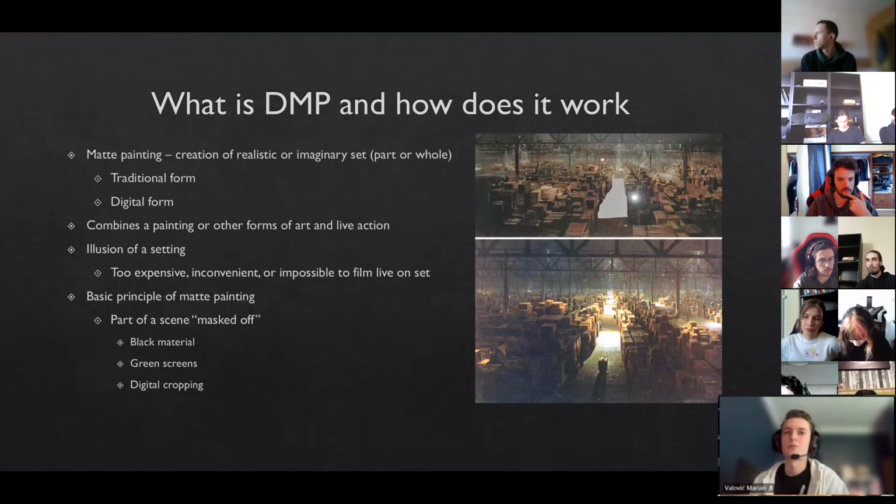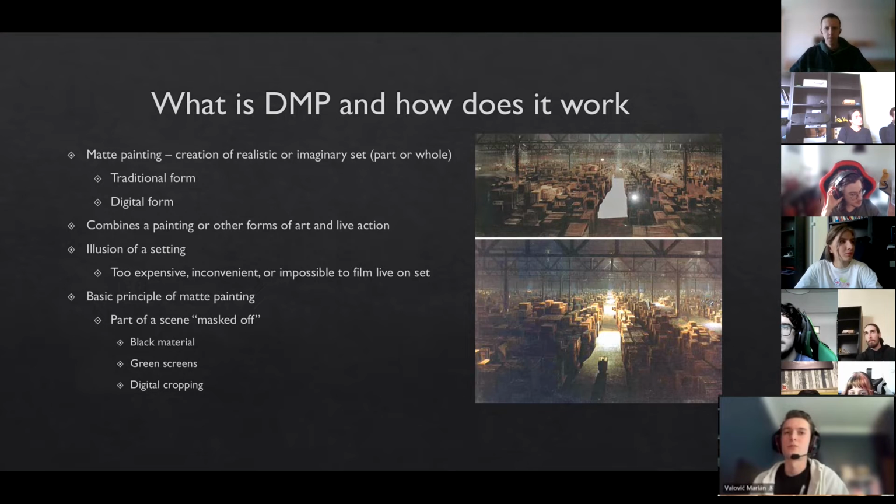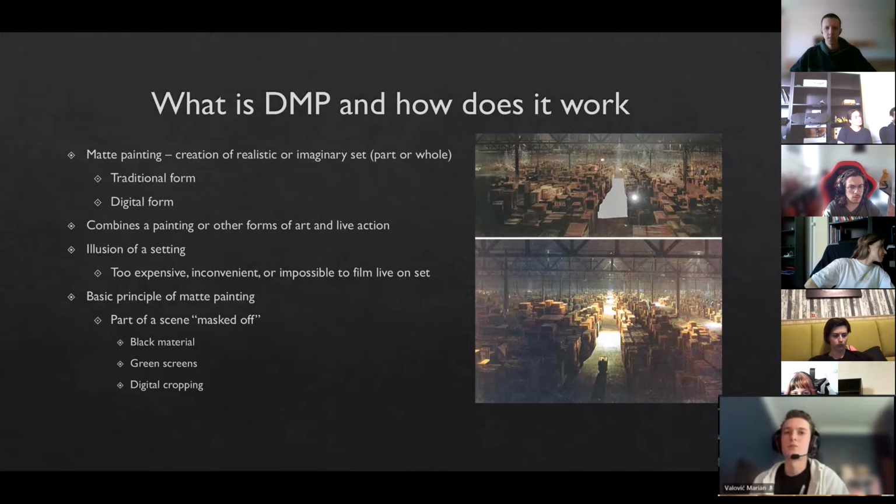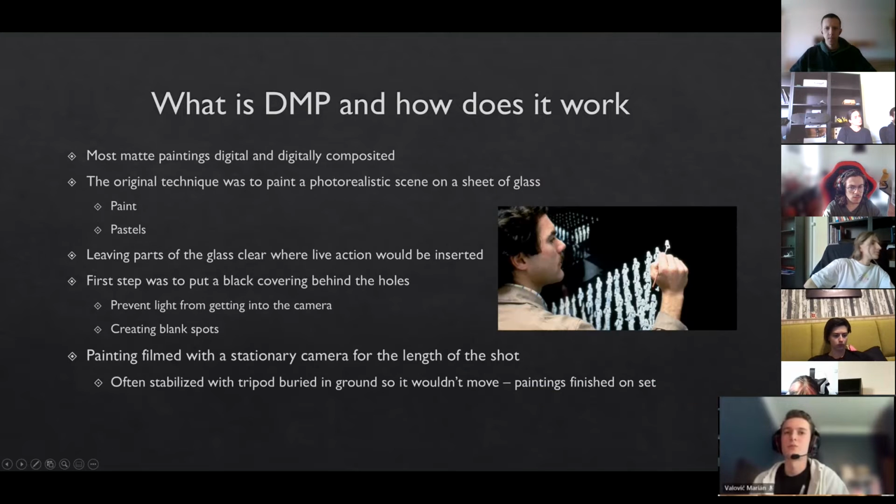Or in the modern era, the green screens or blue screens, or perhaps digital cropping is used to cover or delete or mask some part of the image, to put matte painting instead. Most matte paintings are digital and then digitally composited.